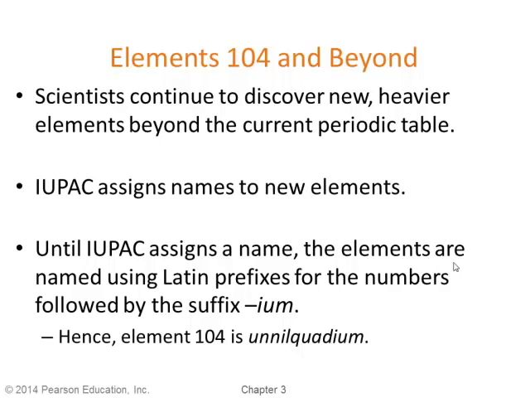By peer review, if enough people can do it, you are given credit for that element, and then you can offer a name. IUPAC would then assign the name to the element. Before that, the names use Latin prefixes for the numbers followed by the suffix -ium. But once you name it, you get to name it whatever you want.